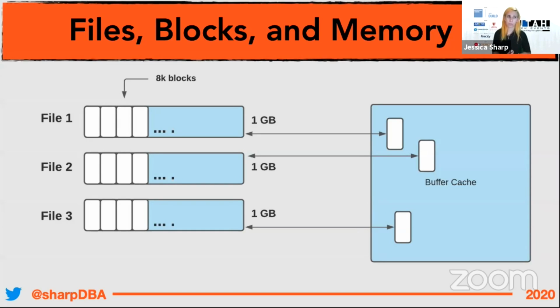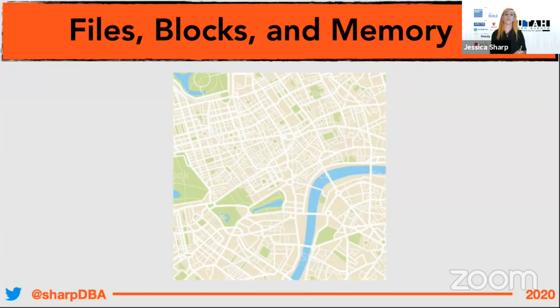So, okay, we mentioned that vacuum and autovacuum don't just remove the rows, it saves the place, and it says, hey, we can use this again. How does it keep track? That's going to be the free space map.